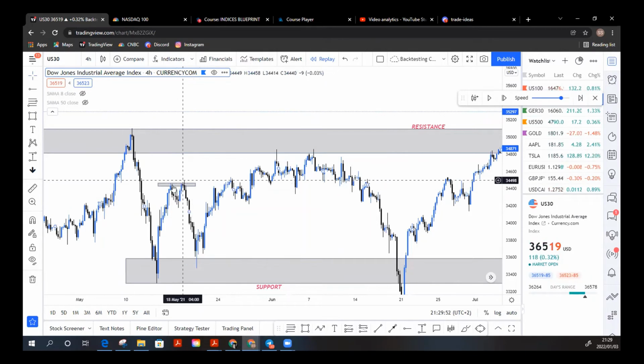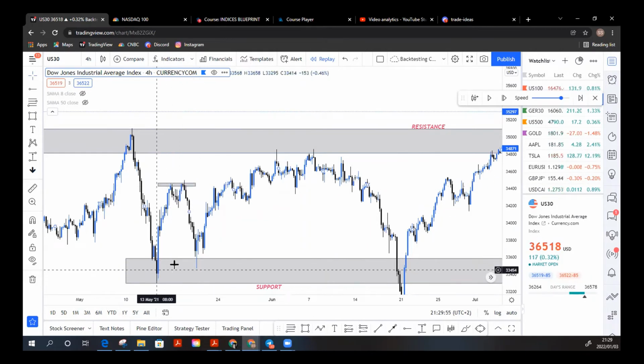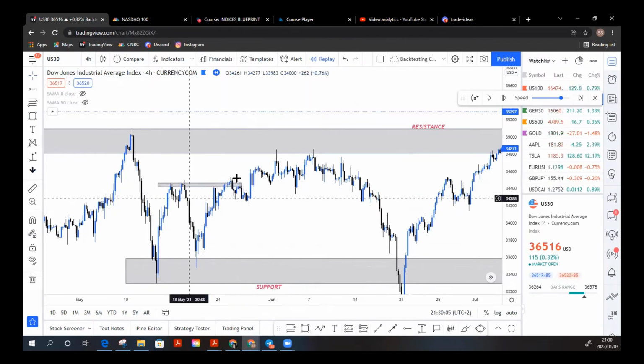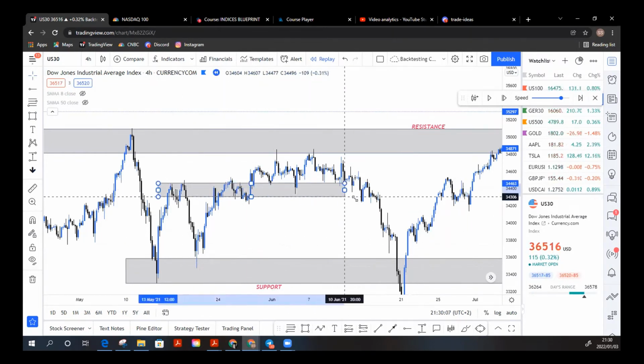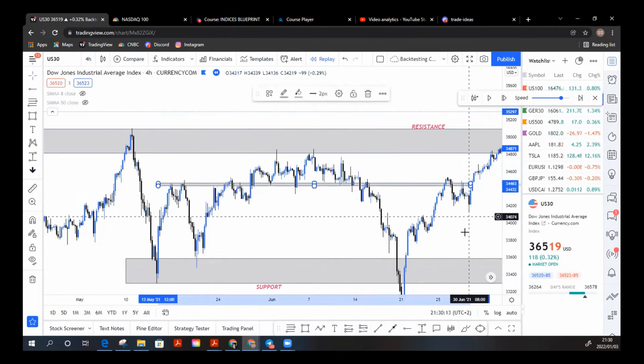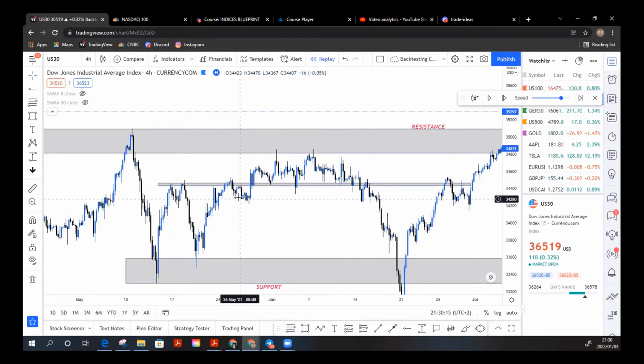So that's a minor resistance because price left the support and has now reacted off this level in the market. So it's now dropped off from there, and that's the level there. And if you extend this all the way through, you can see that price actually respected that right through. Okay, now here's another level down here.